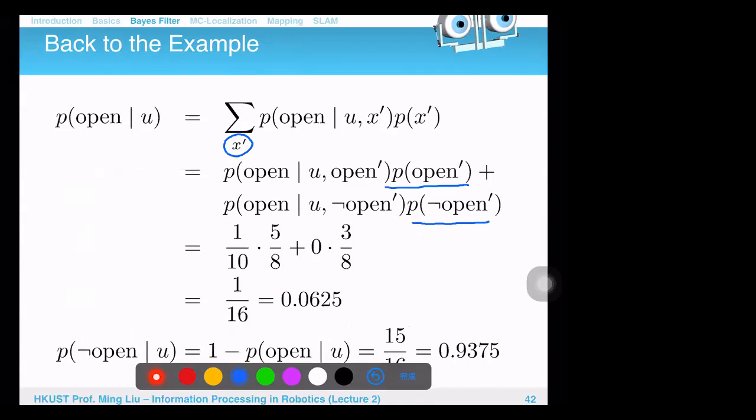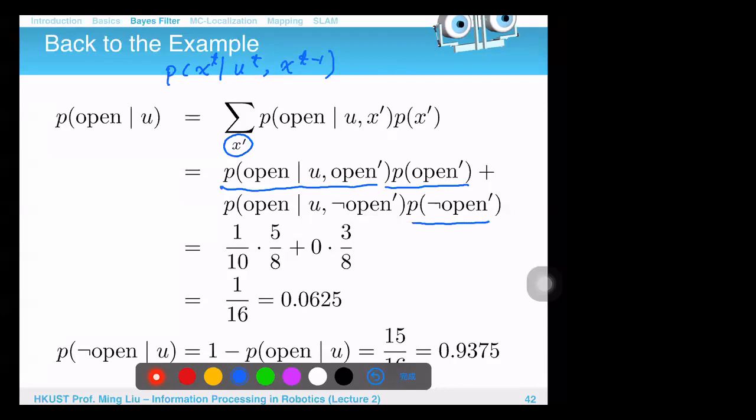Under each case, we plug in the action probability, that's the result of u. If we extend that to, for example, a mobile robot problem, you have the P of x_t given your control u_t and the previous state.